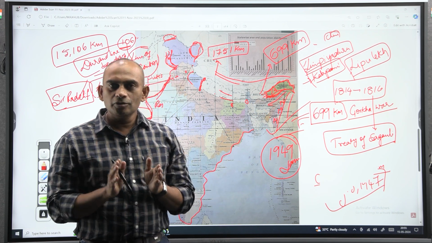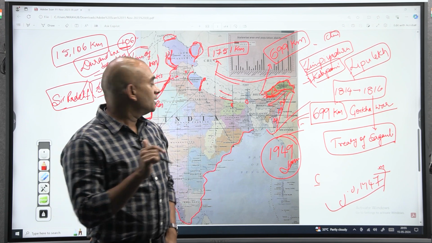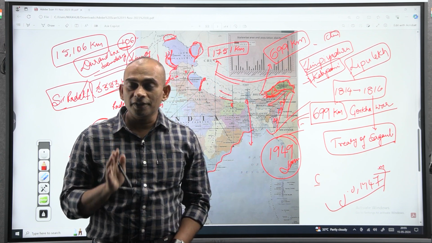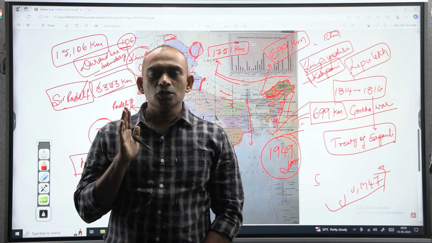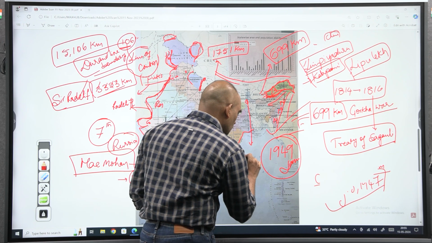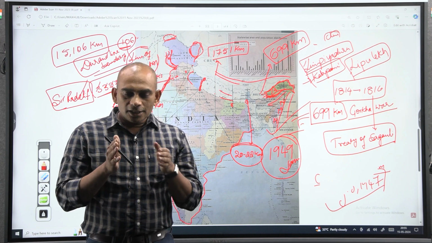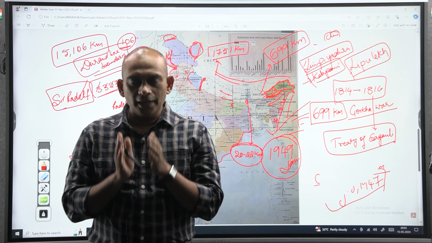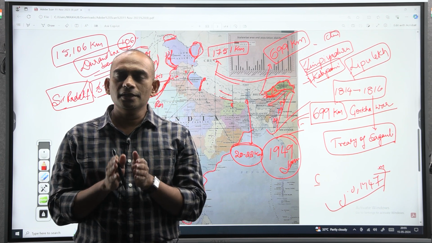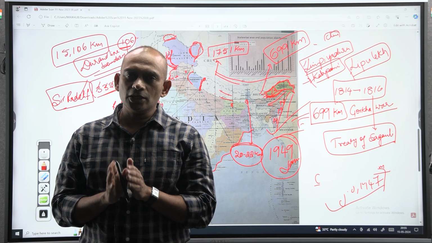It is also known as the Chicken's Neck, and this particular corridor has a width of almost 20 to 22 kilometers. This particular area is strategically most important because it is located near Siliguri city. So that's why we call it the Siliguri corridor.